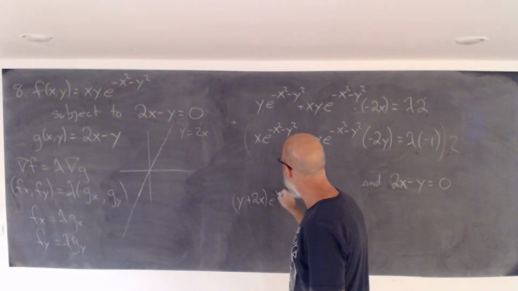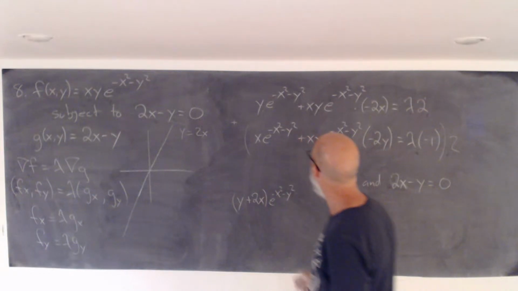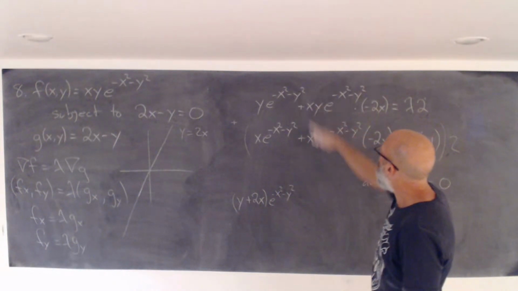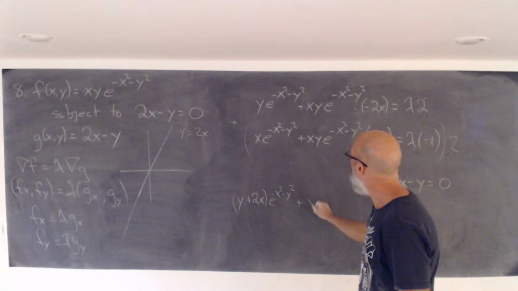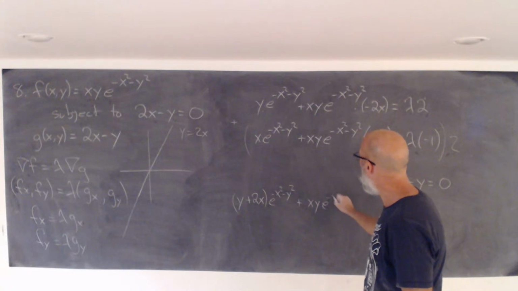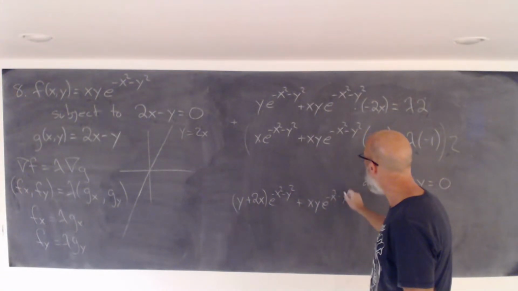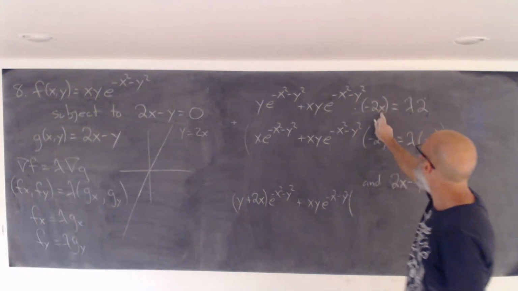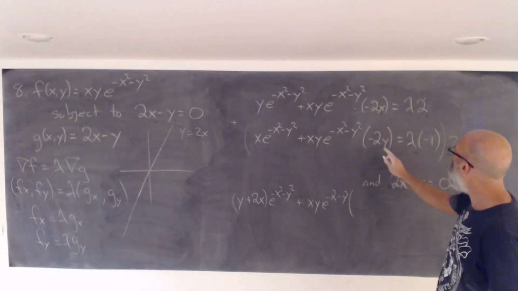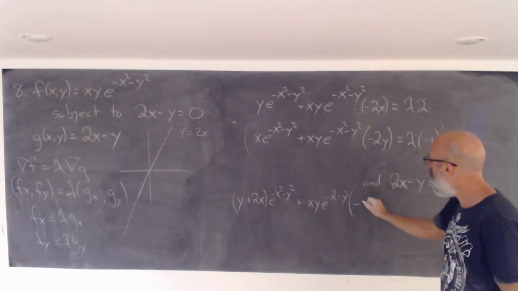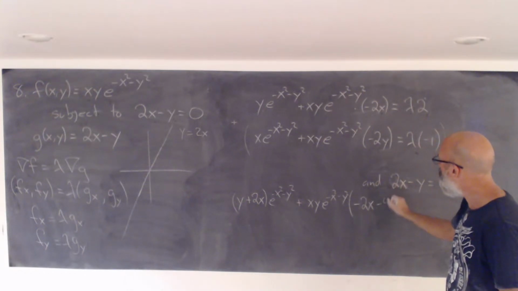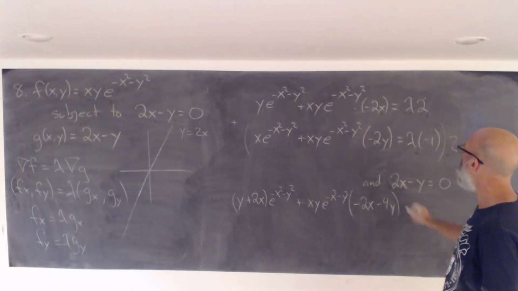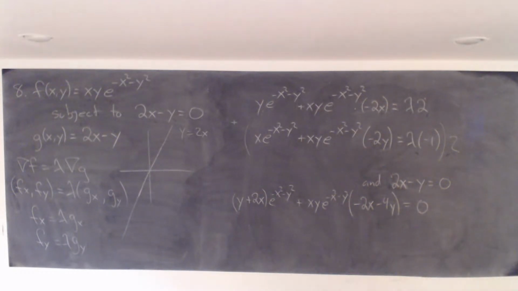e to the minus x squared minus y squared. And then this, xy e to the minus x squared minus y squared. This plus twice these, so minus 2x minus 4y is equal to 0. Is this any good?